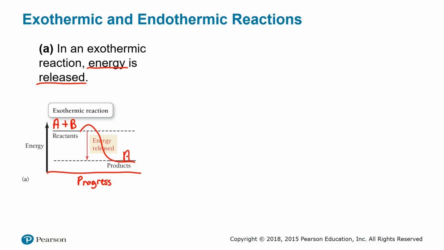So my product has less energy than the individual reactants did at the beginning. All right, so that means that this energy that we had up here went somewhere, so it exited. We had energy that went out into the surroundings.